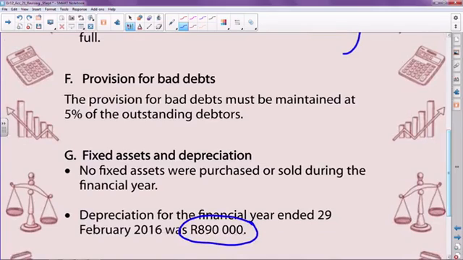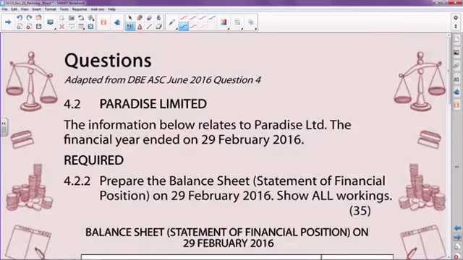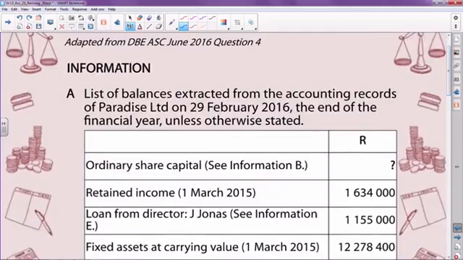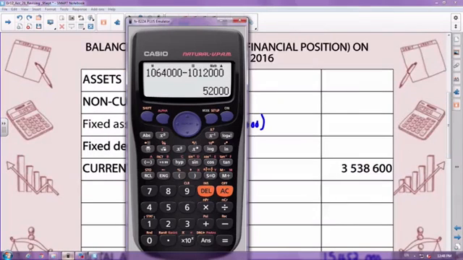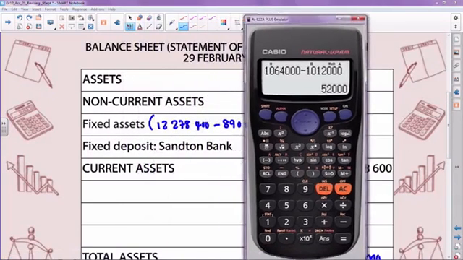We all know that depreciation is an imputed expense. The double entry to record depreciation is a debit to depreciation and a credit to accumulated depreciation. Once you do that, it reduces the carrying value of your asset. Simple. So 890,000 is the amount by which my carrying value will diminish. Let's do that.